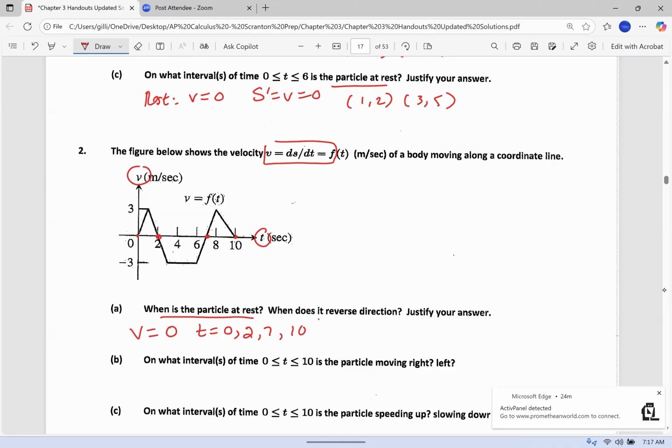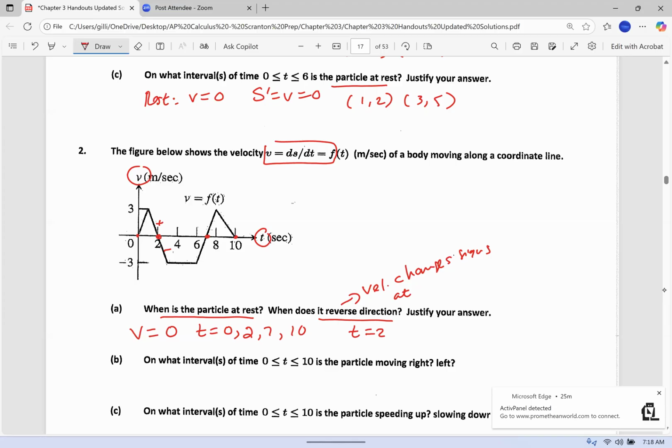When does the particle reverse direction? That is when velocity changes signs. Velocity changes signs at a positive to a negative, so that's at time t equals 2.